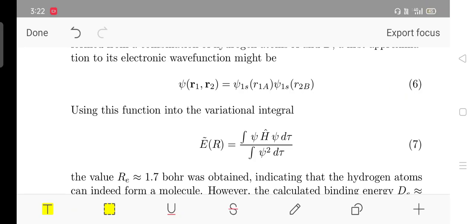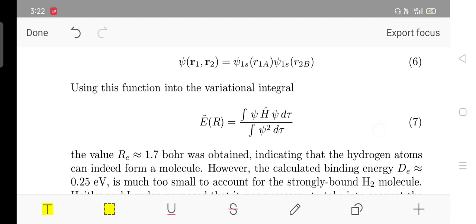We haven't discussed the variation principle till now. The variation principle will come in the second unit. So the total energy of the system can be written as the integral of psi H psi d tau, where d tau is the volume element, divided by the integral of psi squared d tau.